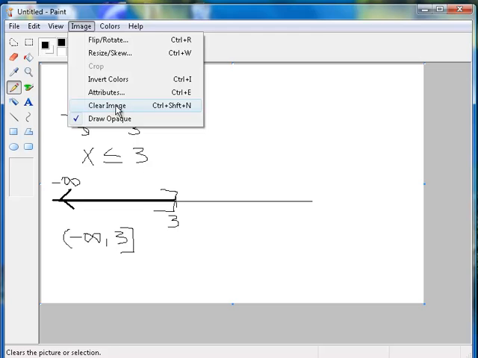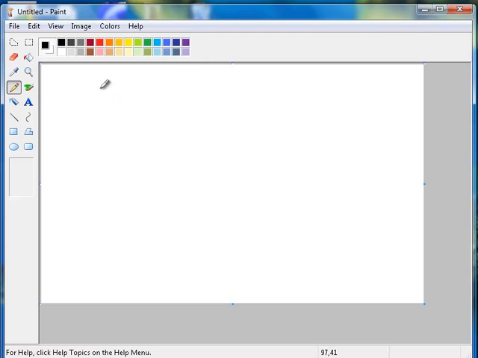Let's now do a compound inequality. Okay, now in order to solve a compound inequality, we would subtract the 2 first from all 3 parts.